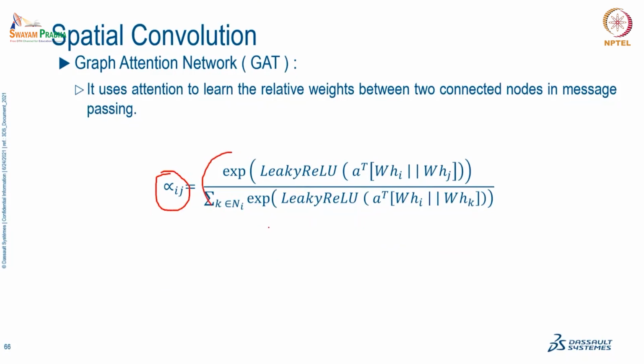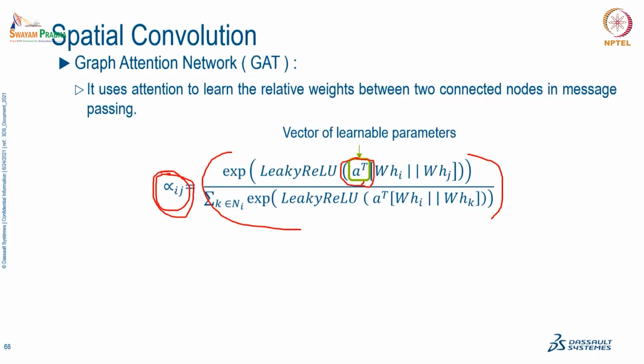This is nothing but a softmax function in general, where we have again used the non-linearity of LeakyReLU. This a raised to t is the learnable parameter. There would be a single linear projection layer which will have weights of a, and that weight we use for calculating the attention coefficient. This attention coefficient determines which node features we need to concentrate more on.